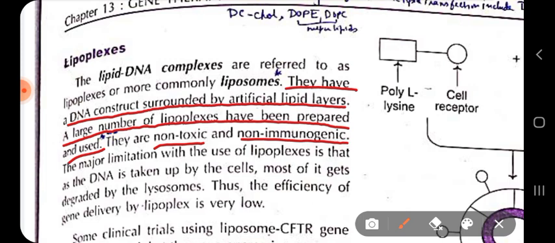So normally these liposomes are small vesicles prepared from suitable lipids, and because DNA is polyanionic in nature, cationic and neutral lipids are typically used for gene delivery. To form lipoplexes, the cationic lipids are combined with neutral helper lipids.